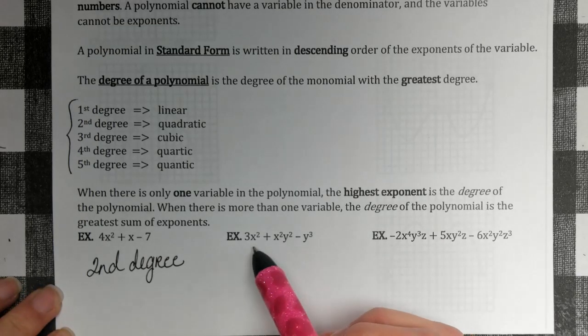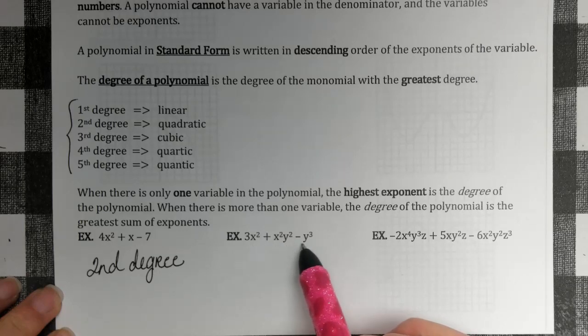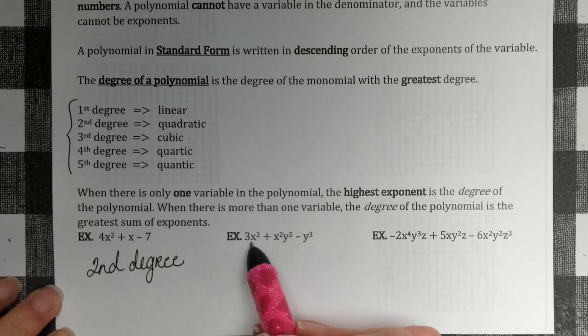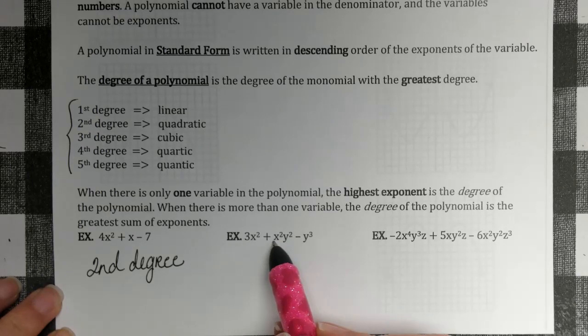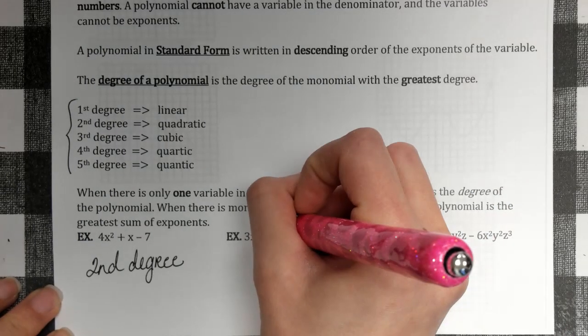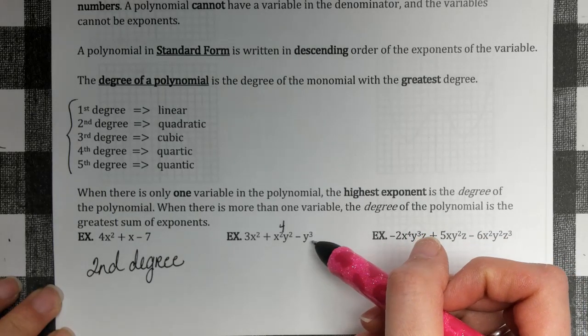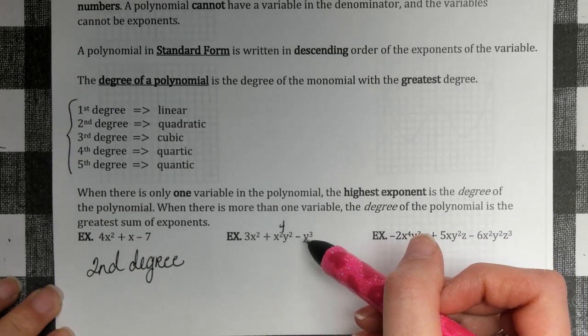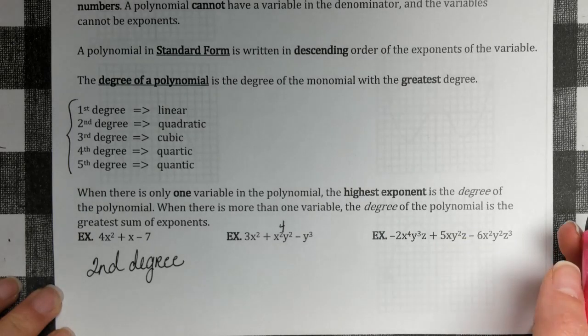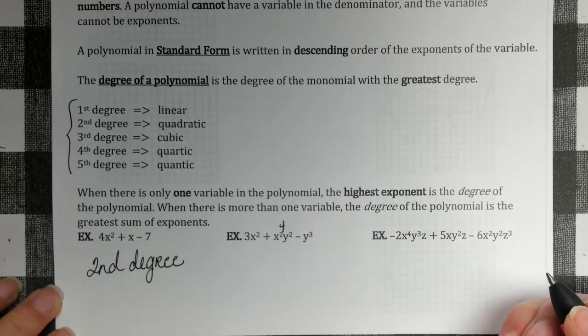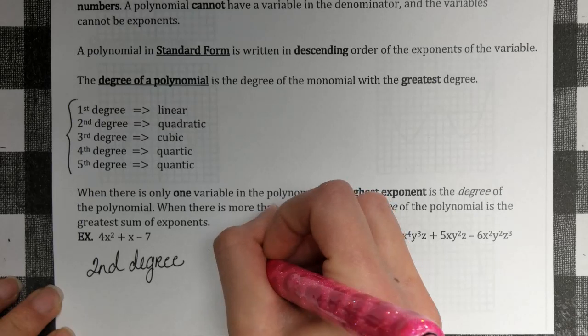Okay, if I'm looking at 3x squared plus x squared y squared minus y cubed, this first term has a degree of 2, but then this second term, x squared y squared, there's 2 variables, so I add the exponents, that gives me a degree of 4, and then I have y cubed, which is a degree of 3. So if I'm comparing those, what is my actual degree of that polynomial? A 4th degree polynomial.